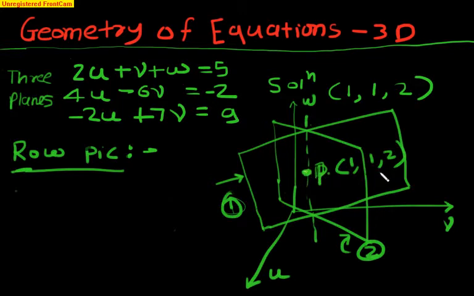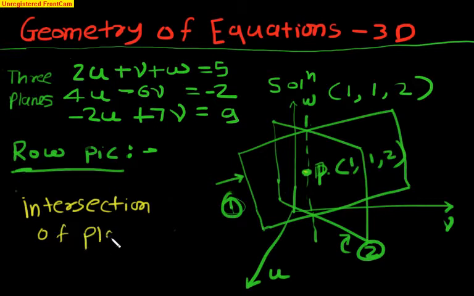The intersection is nothing but the solution of the equations, 1 1 2. That much simple is this. This is a row picture. So what does the row picture represent? It represents the intersection of planes. That much simple.